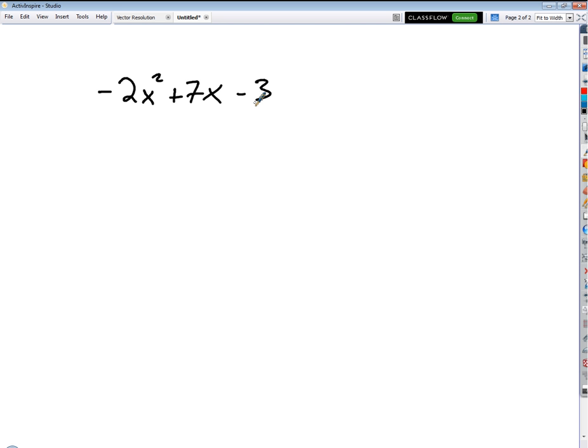Okay. Something that makes this a lot easier to do with bottoms up is if I pull that negative out front. So I'm going to rewrite this as negative, what's left over if I undistribute a negative 1.